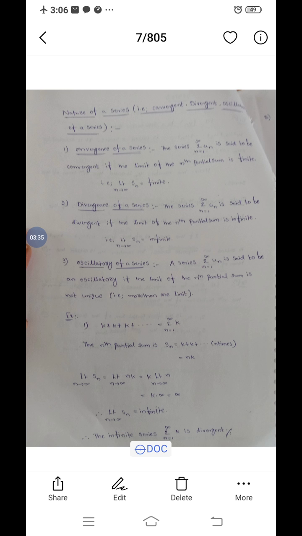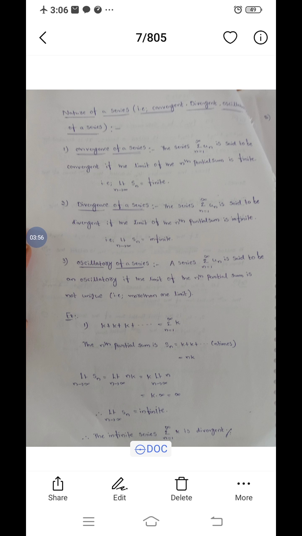Next we are going to discuss the nature of the series. Here we are going to discuss convergence, divergence and oscillatory. First, the convergence of a series: when the given series is said to be convergent. Summation n equals 1 to infinity un is a given series.